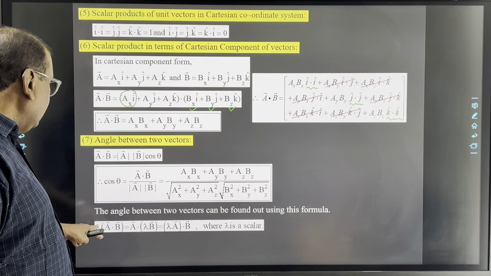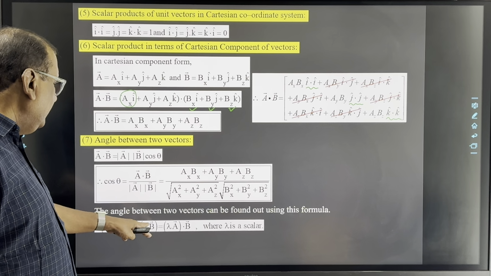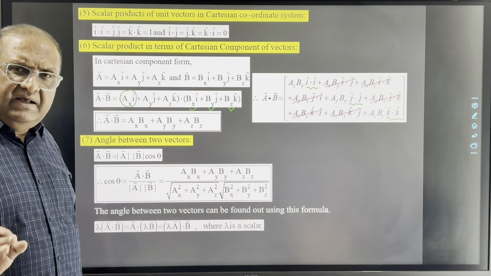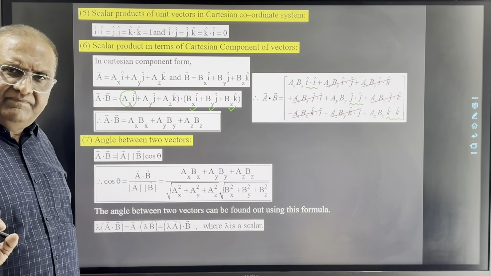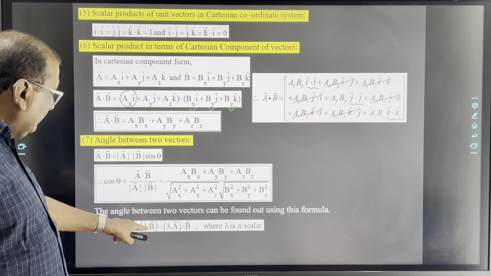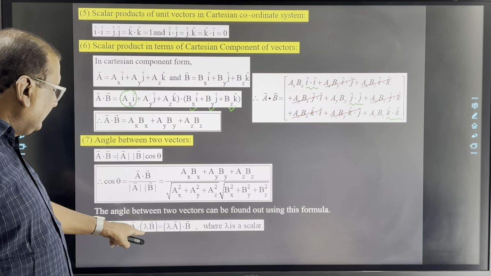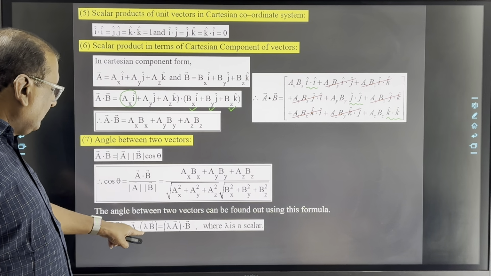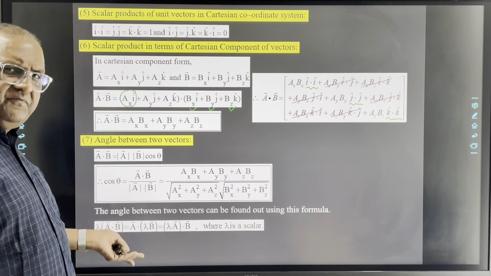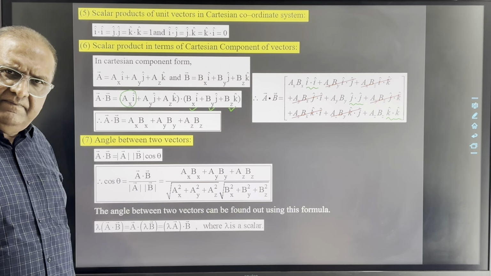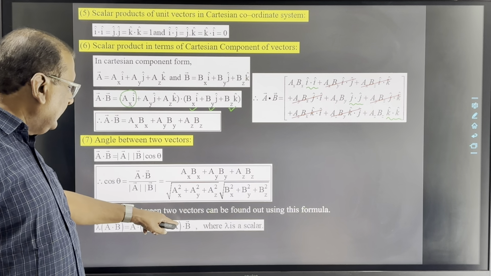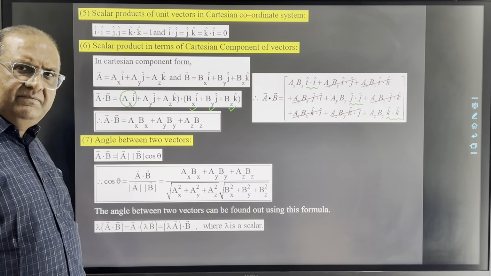Suppose first you take the product of lambda with B. If a scalar and a vector are multiplied, it is a simple product and the resultant will be a vector quantity. And then take the dot product of this new vector with A. Or first multiply lambda with A, you will get a new vector, right? And then take the dot product of it with B.